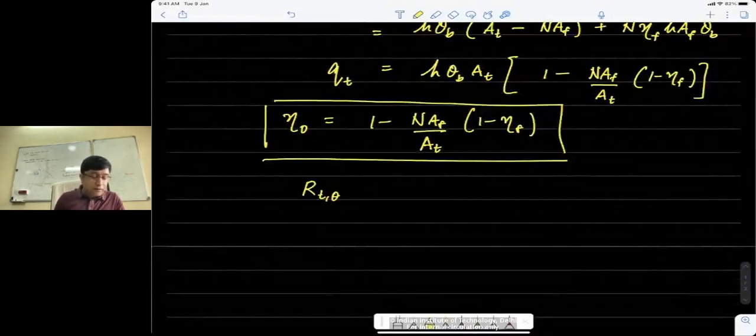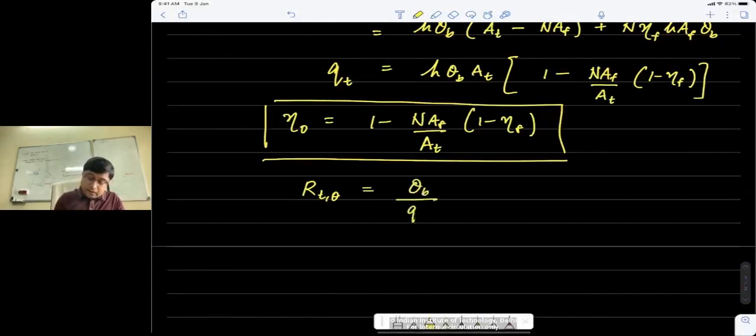This is the effective resistance that would include both pathways: convection from the base surface, and conduction and convection in the fin. So this we can write as theta_B by the rate of heat transfer, which is QT. And so this becomes 1 by eta naught h A_T. That is just from the definition of the overall surface efficiency.